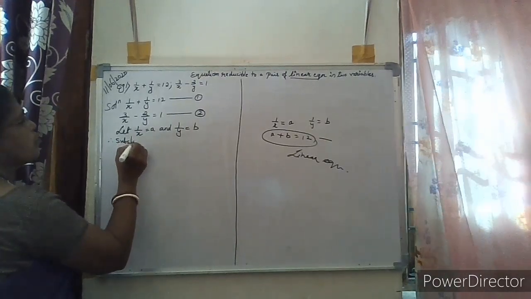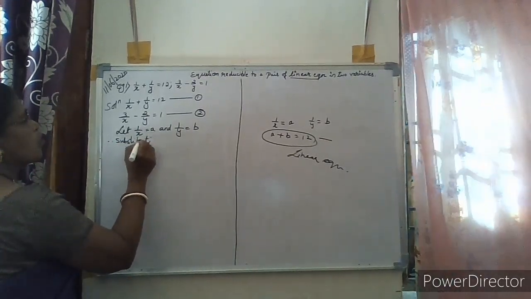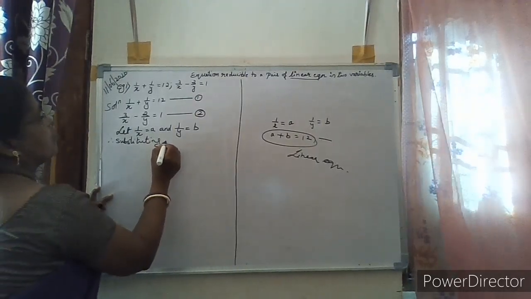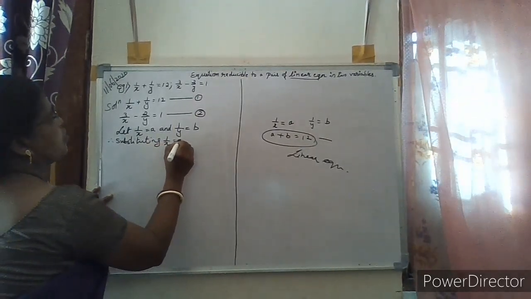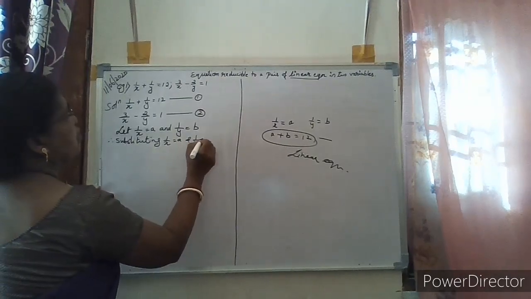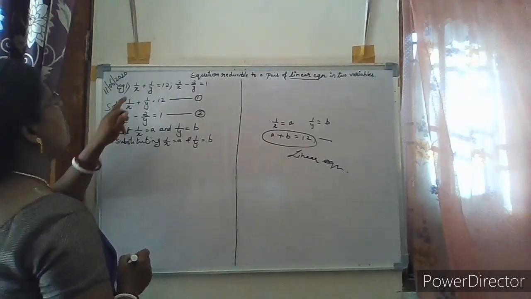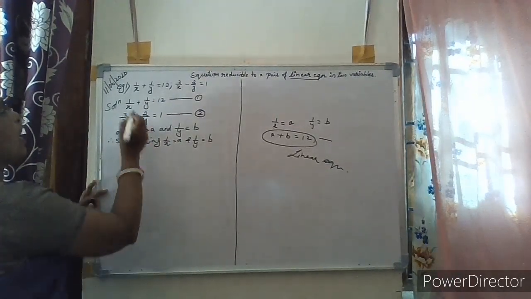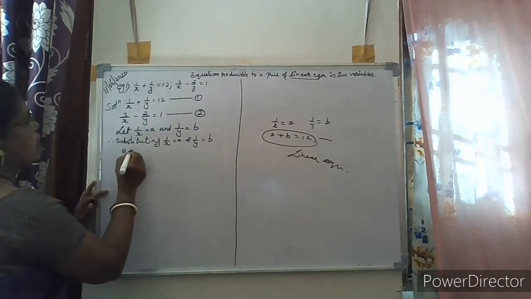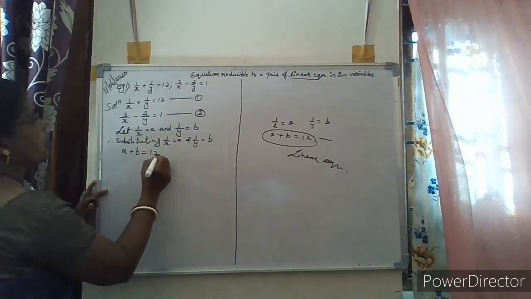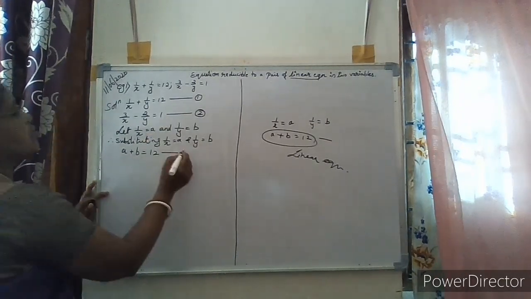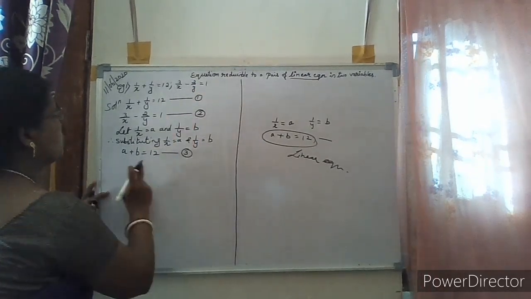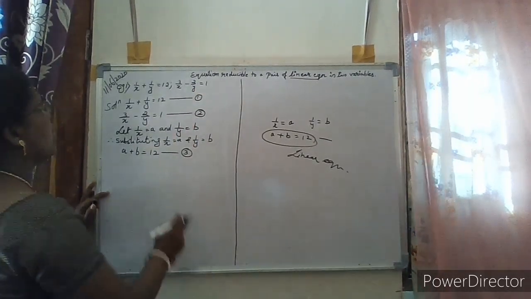Substituting 1 by x equal to a and 1 by y equal to b in both the equations, we get equation 1 as a plus b is equal to 12. Because this was equation 1 and 2, now it is equation 3.